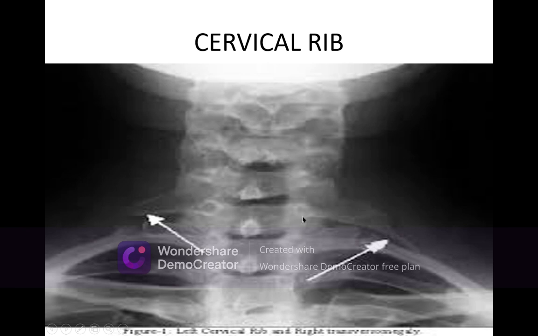It will cause neck pain radiating to the shoulder and the upper limbs. This is one of the outlet syndromes as far as the axilla is concerned.